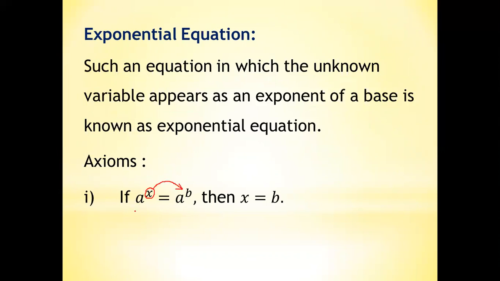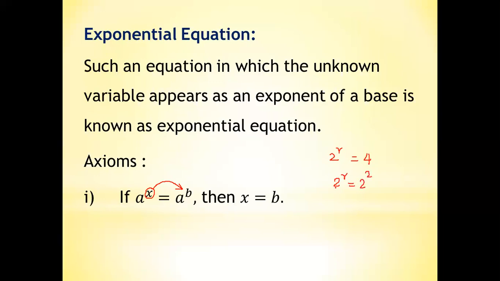If there are two equal bases and their powers are different, then the unknown power can be equated with the power on the other side. For example, a very easy one: if we have 2 to the power r, where r is the unknown exponent, equals 4, then we can write 4 as base 2 to the power 2.